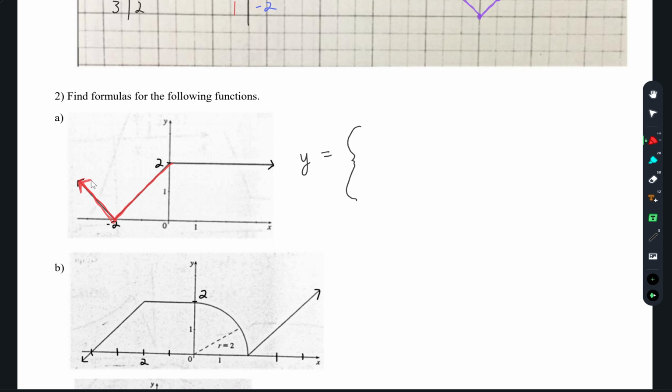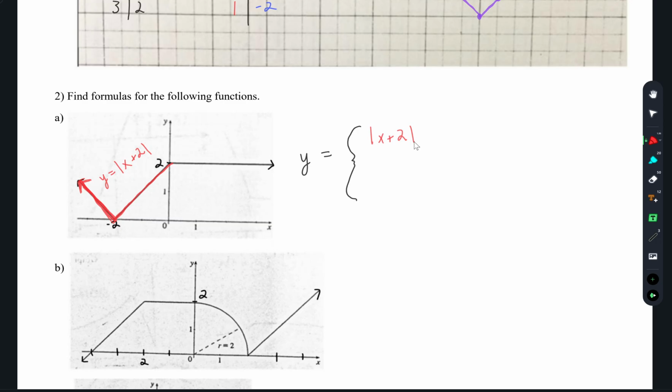So the equation would be y equals abs, and then it moved left or right, so the stuff has to be inside the bars. It's going to be left 2, so it's opposite of what I think, so plus 2. But when you write it in the curly bracket, you're not going to put y equals because it's already out. So all you're going to write is the absolute value of x plus 2 with the bars.